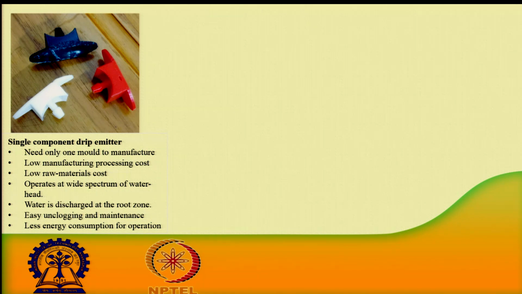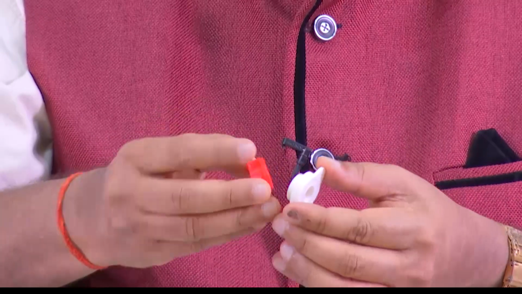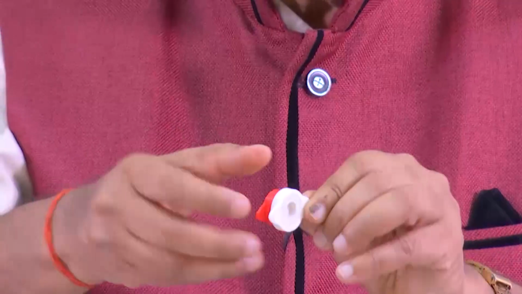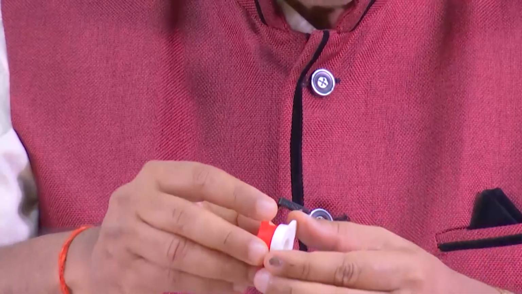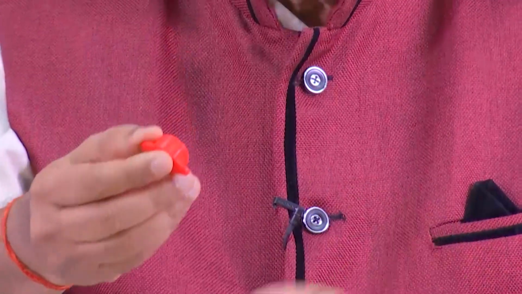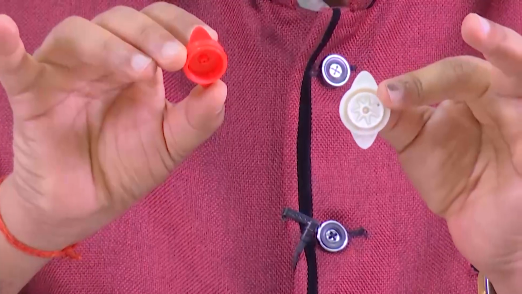Similarly, we developed another product. This is a two-component adjustable flow drip emitter. I was telling you about the base part of this dripper; it is this one. You can see here these are the two components.